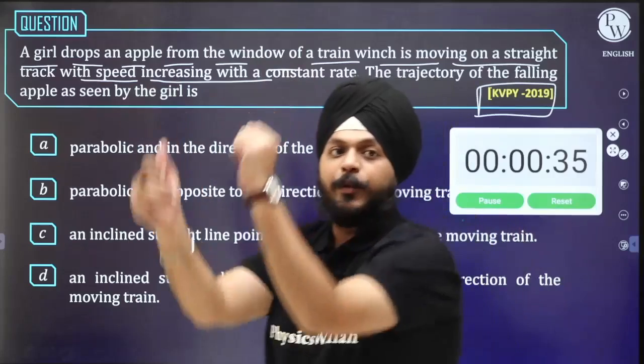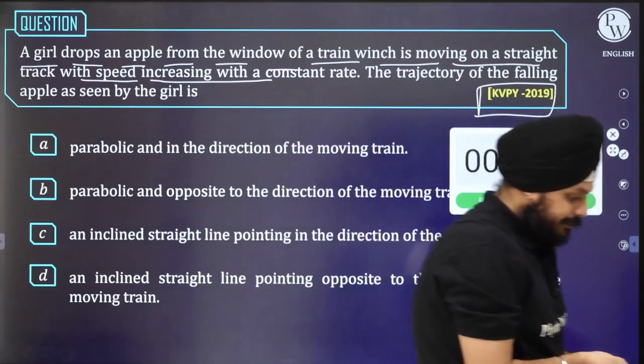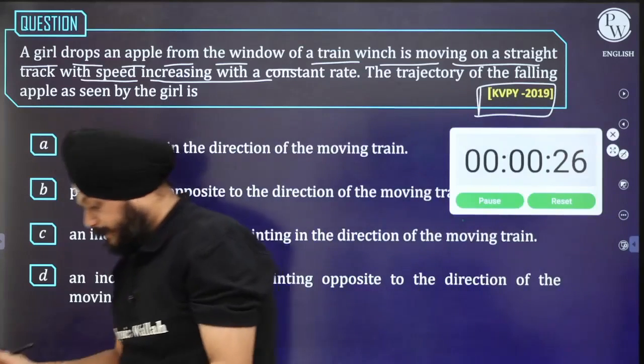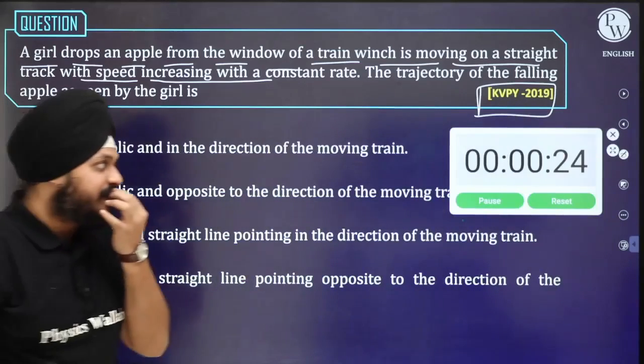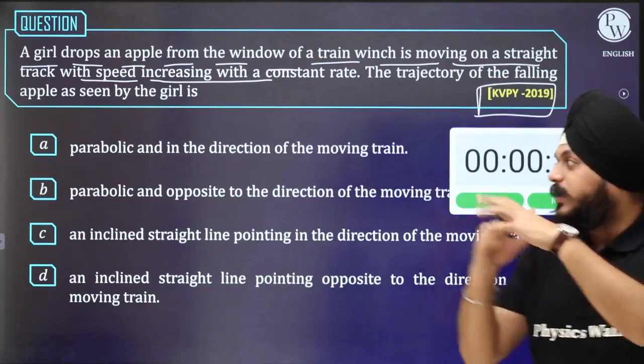Less than approximately 34 seconds remaining, sorry. 29, 28 seconds, okay. Less than half the time is remaining.